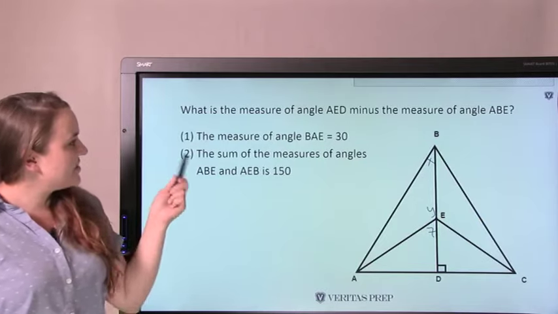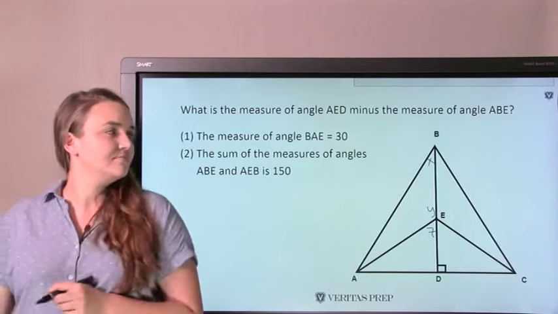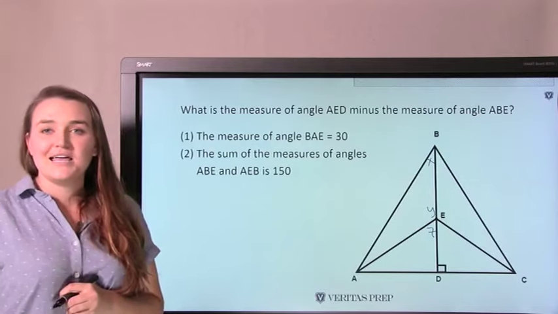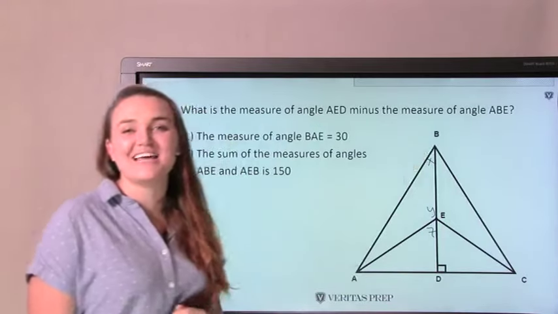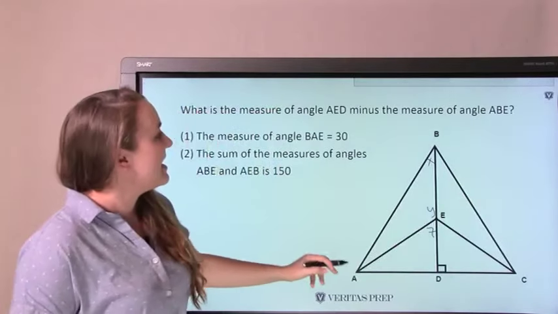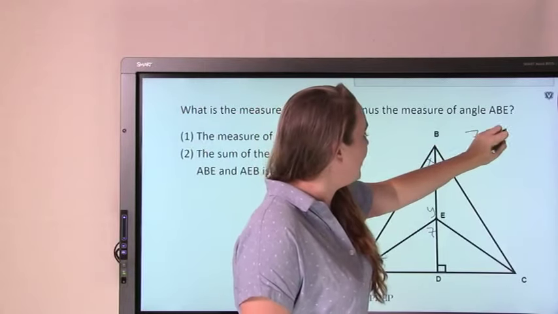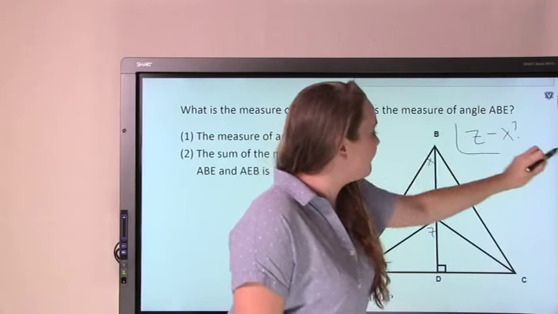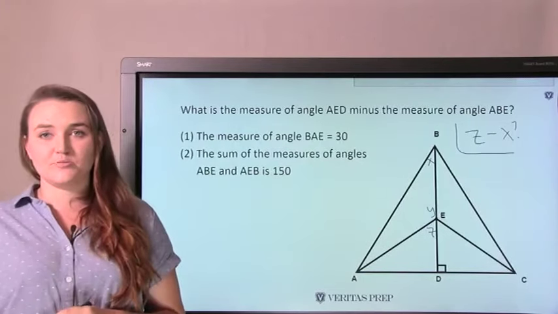So if I'm asked for the measure of angle AED minus the measure of angle ABE, it's asking me for Z minus X, right? So if it's asking AED minus ABE, it's asking Z minus X. As soon as I know I can solve for Z minus X as a unit, I have enough information to answer my question. Awesome.